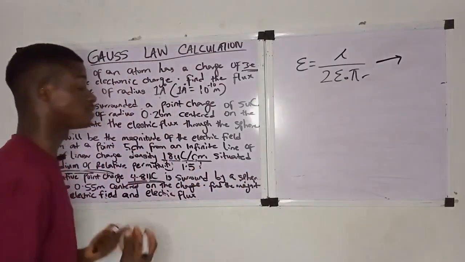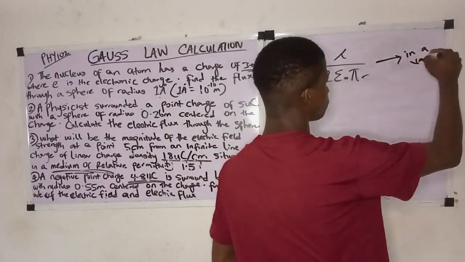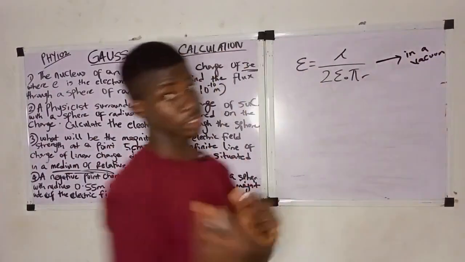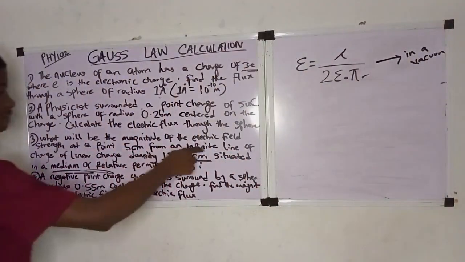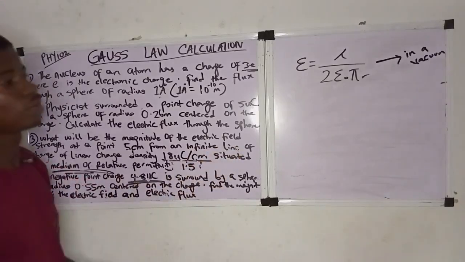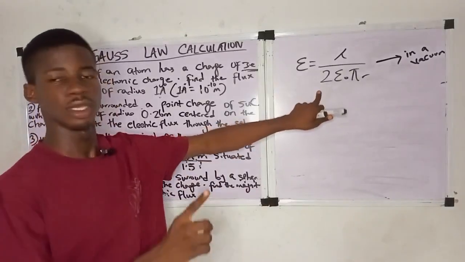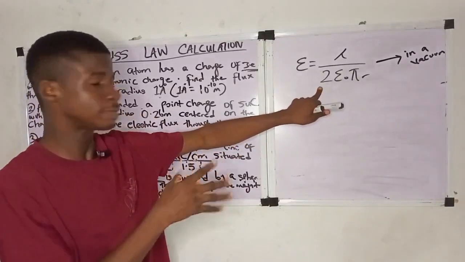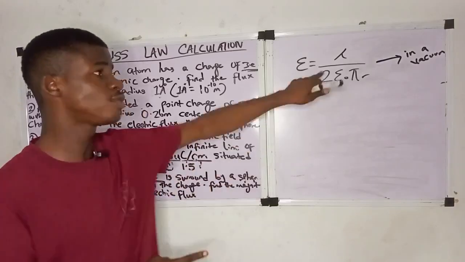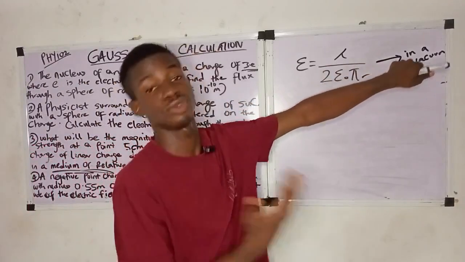But if you look at this question, they said the infinite line of charge is situated in a medium. So we are not going to use this formula as it is, because this formula is used when the infinite line of charge is situated in a vacuum.